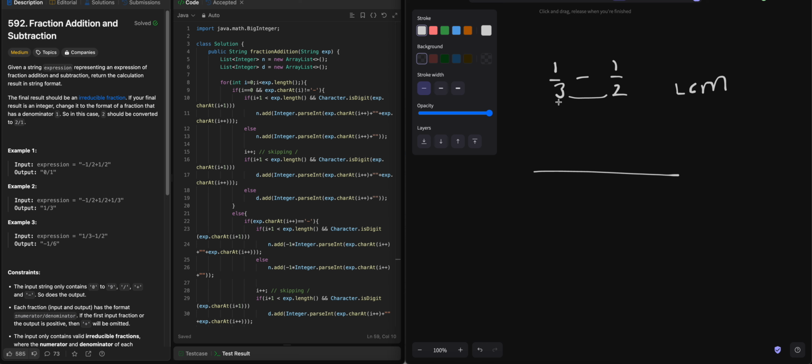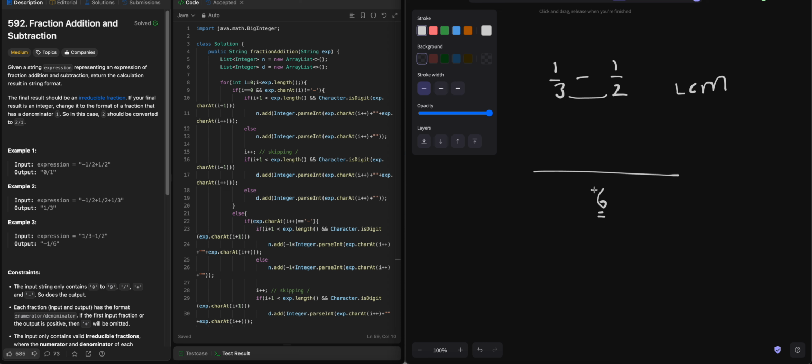So the LCM of 3 and 2 would be 6. Now, to solve it further, we will divide this LCM that we got by the first denominator.